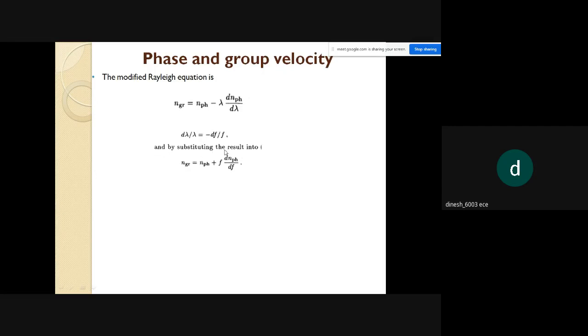Substituting this in the above equation, we get the refractive index of the group velocity is equal to the refractive index of the phase velocity plus f into the differentiated refractive index of phase velocity divided by df, differential frequency. So this is about the phase and group velocities. Let me check for any queries.